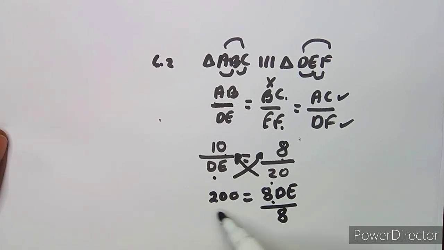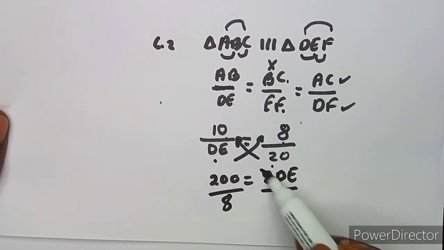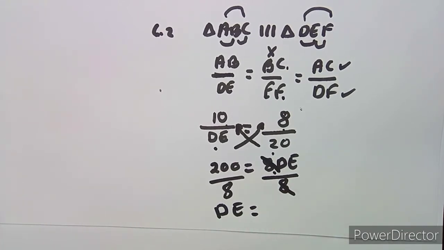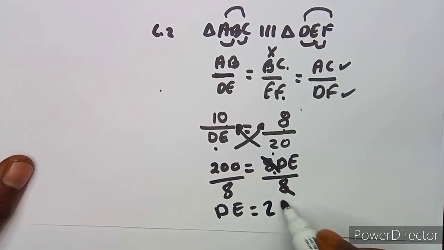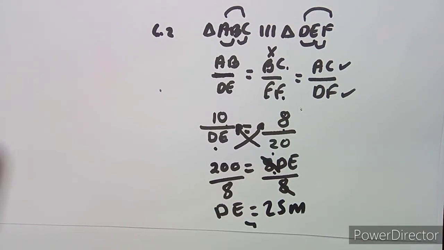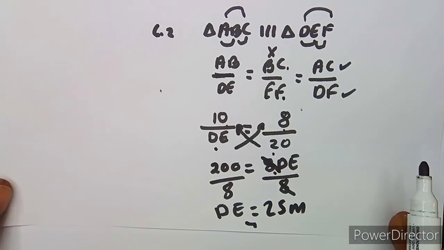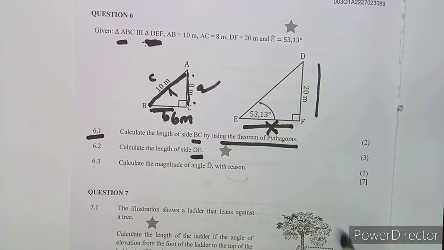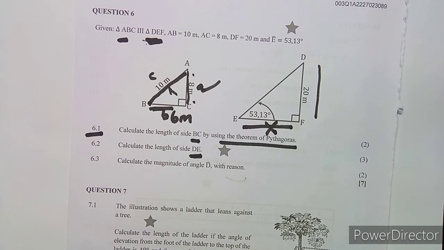This is multiplying, so I have to divide: 200 divided by 8 gives us 25 meters. So that's our DE. Like I said, you can use simple proportion, or you can use those ratios, or you can use the ratio of sides, which is the same.